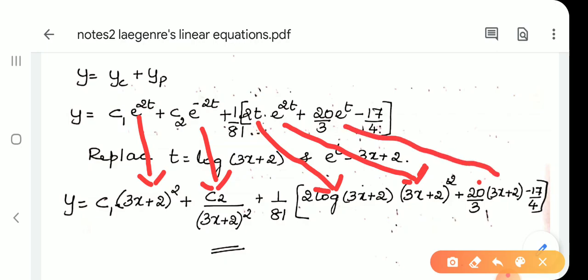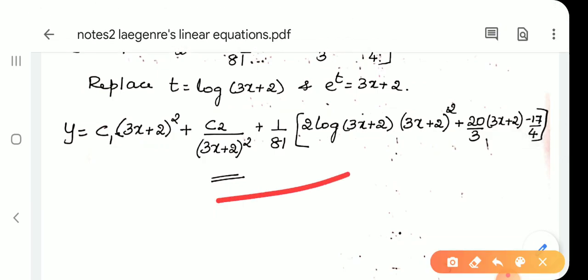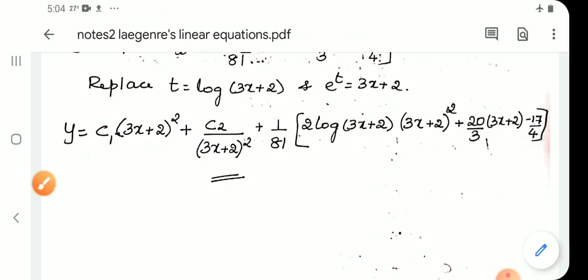Similarly, plus 20 by 3 e power t becomes 3x plus 2, minus 17 by 4. And this is the required solution for the given differential equation.